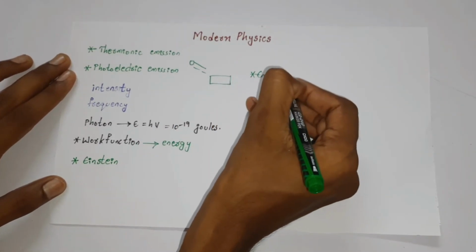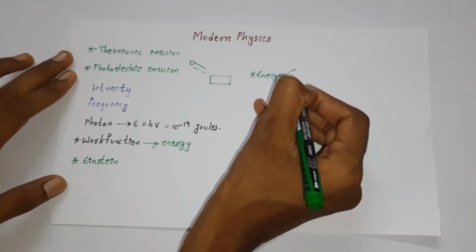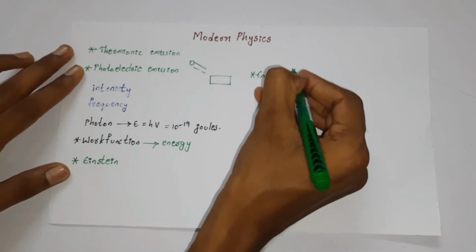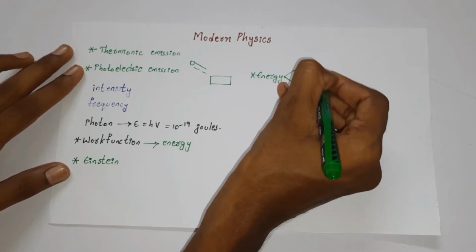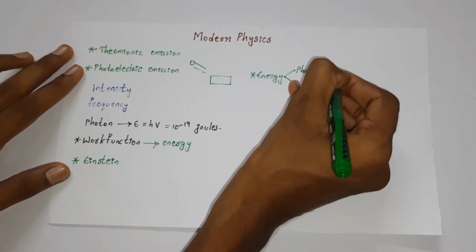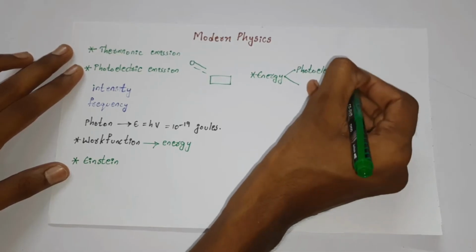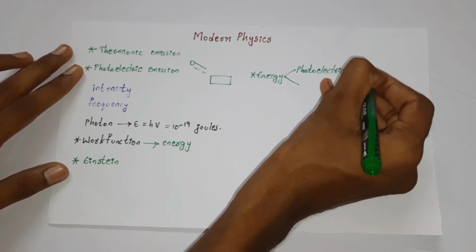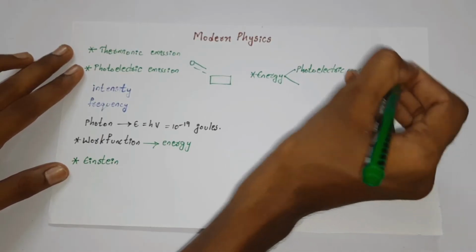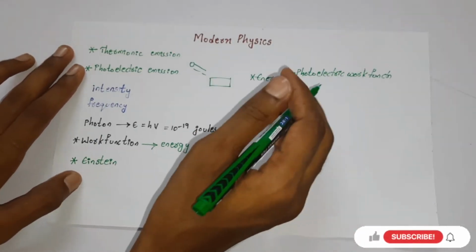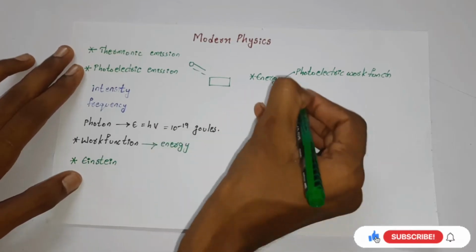So this energy can be explained in two different ways: one is the photoelectric work function and the other part is used to create the kinetic energy.